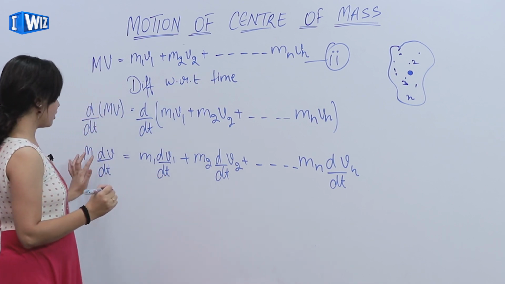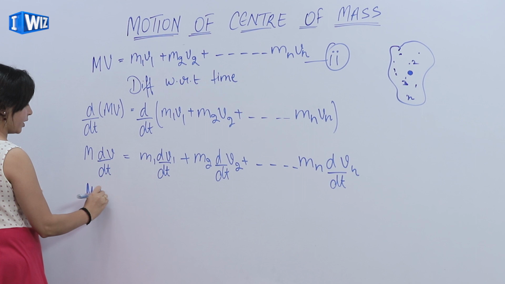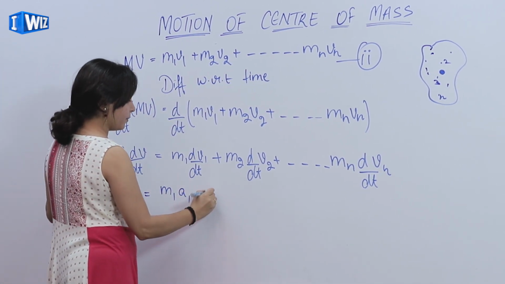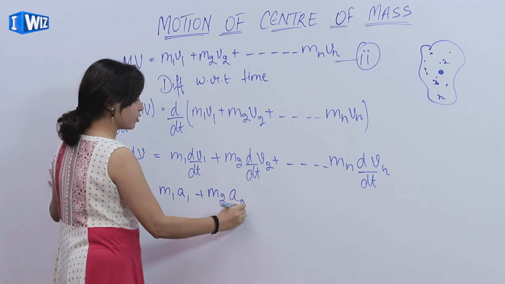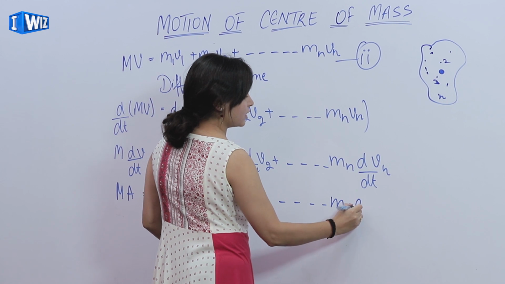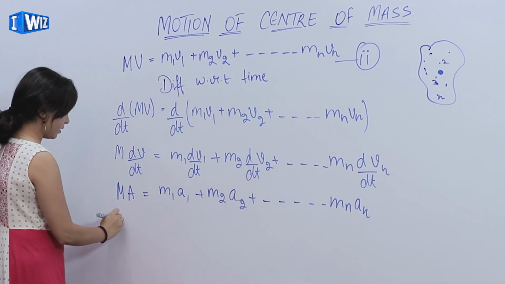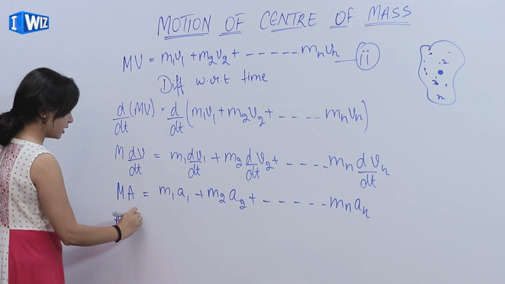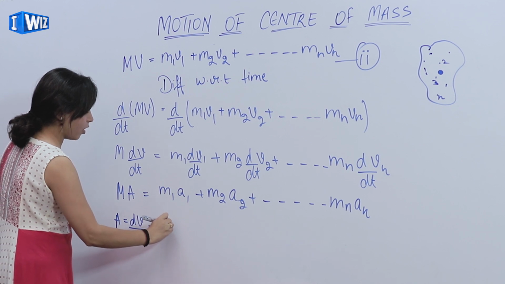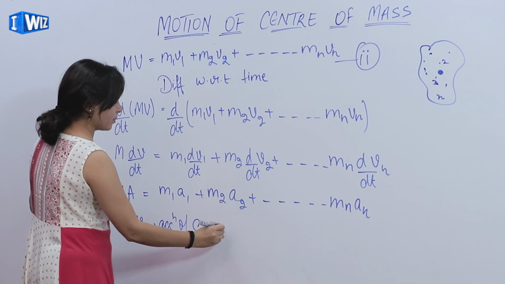So rate of change of velocity will give me acceleration. So m into a, m1 into a1 plus m2 into a2 plus up to so on mn into an, where capital A is equals to dv upon dt, which is acceleration of center of mass.